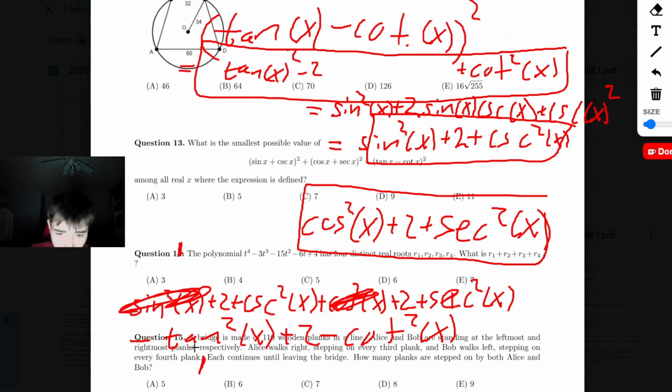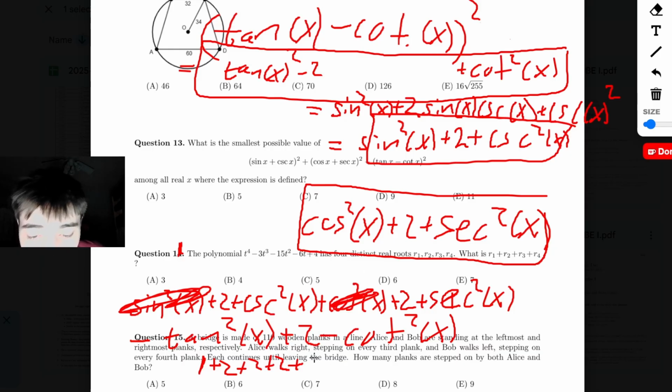So we've got 1 plus 2 plus 2 plus 2, and then secant squared minus tangent squared is also equal to 1. All of these come from the Pythagorean identity. They just depend on whether you're dividing the whole thing by cosine squared or by sine squared. But it's all from the same formula.